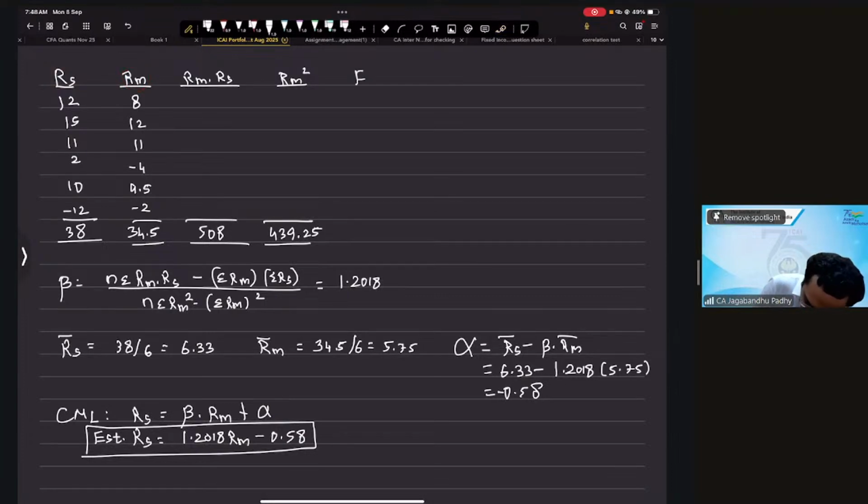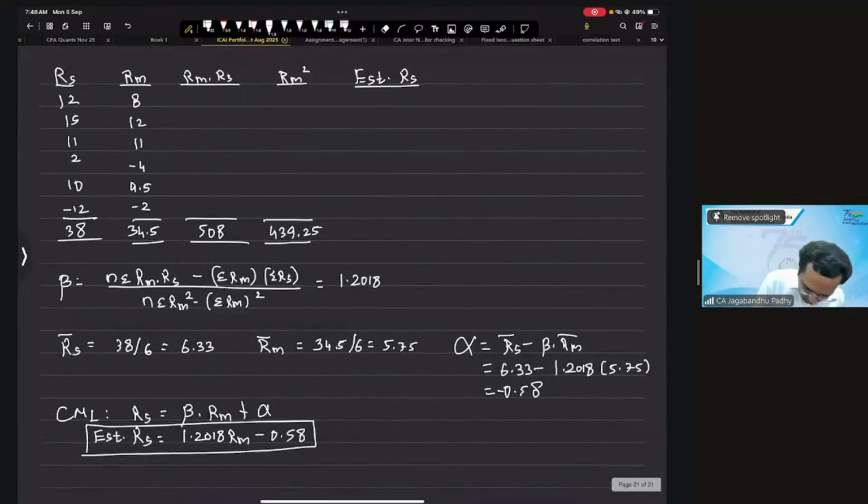If I add one more column, which is the estimated return of security, we can definitely get certain values. Estimated return of security will be 1.2018 into market return, which is 8, minus 0.58.